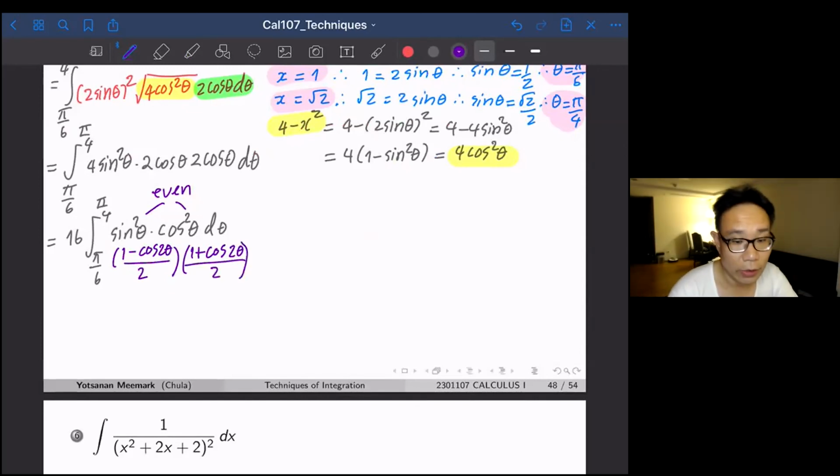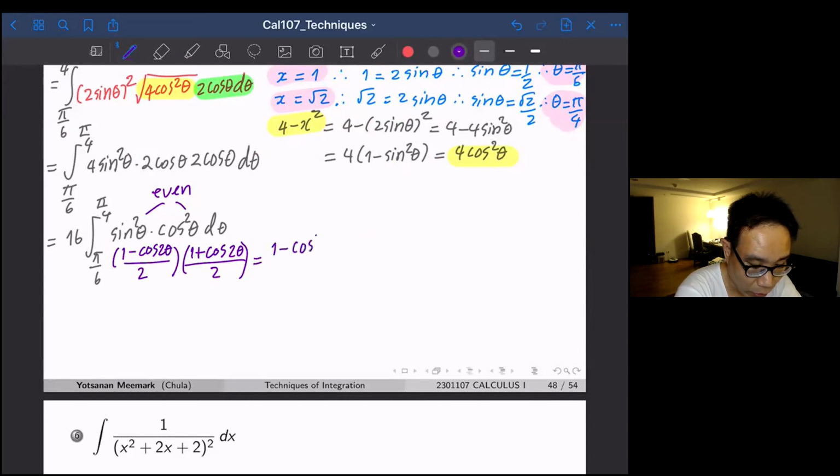This is the identity we use when both powers of sine and cosine are even. And you get 1 minus cosine squared 2 theta over 4.